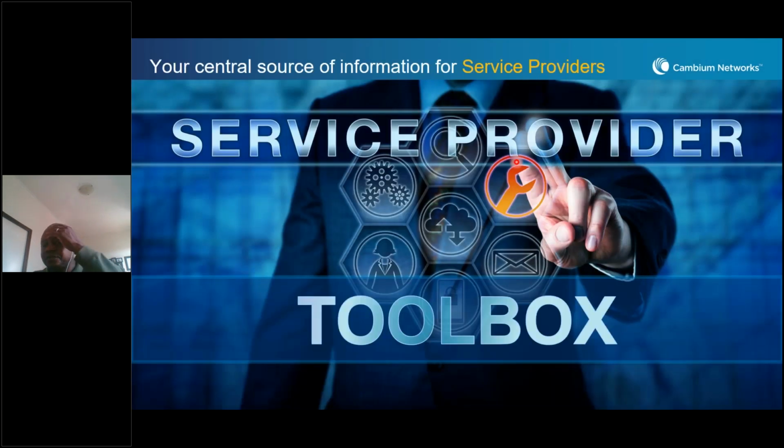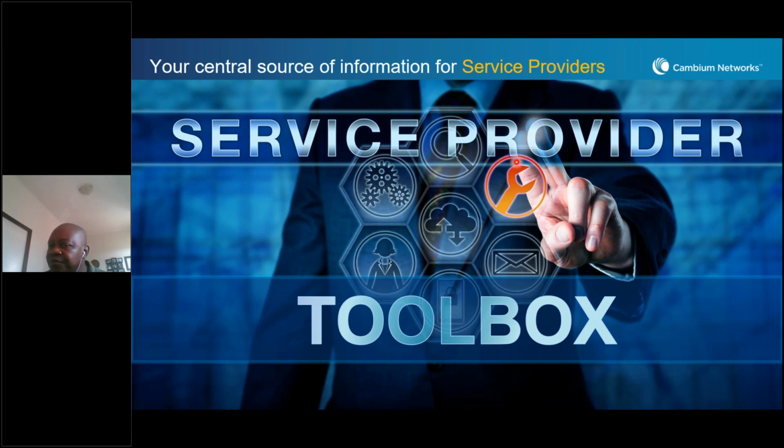I just want to make mention of the service provider toolbox. It's a portal for service providers, so WISPs, mobile network operators, fixed operators doing fiber and so on. The portal offers content that is service provider centric: frequencies, regulatory, promos, new technology, new services, new applications.